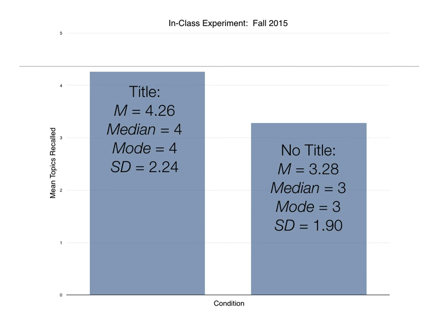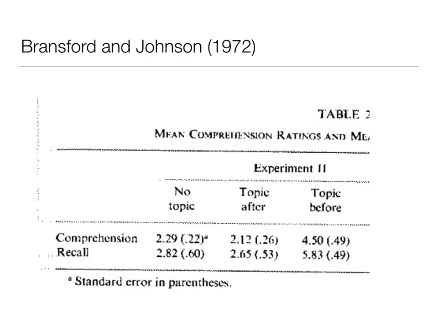So being skeptical is important, and going to the original source is important. So this was the first time this study was done by Bransford and Johnson in 1972. And this was essentially the same study that we had, except they had a third condition where they gave no topic at all. So you were either topic after or topic before. And we saw differences in that recall.